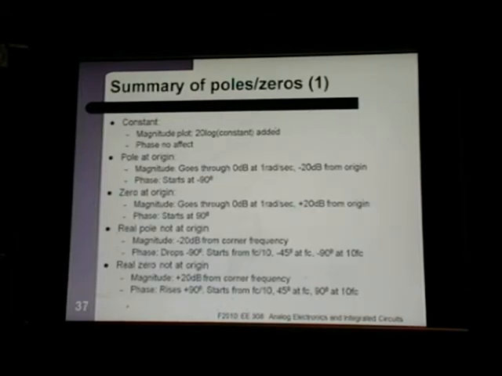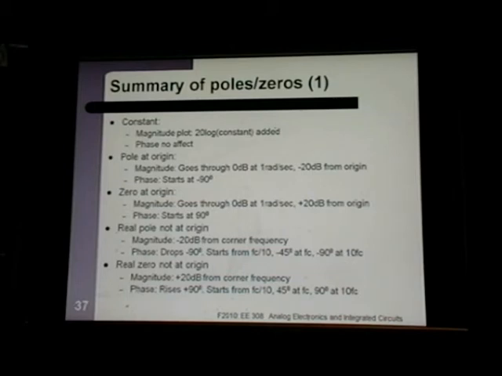Okay, this is just a summary of if you have a pole, this is what happens to your Bode plot. If you have a zero, this is what happens to your Bode plot. And these are actually left-hand plane poles and zeros. Yeah, these are all left-hand poles and zeros.